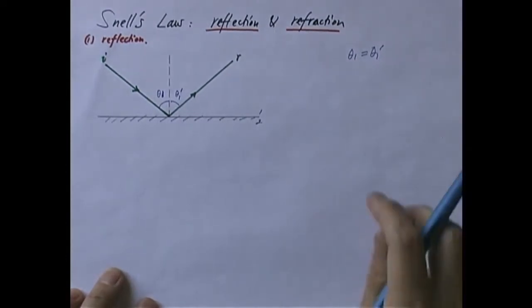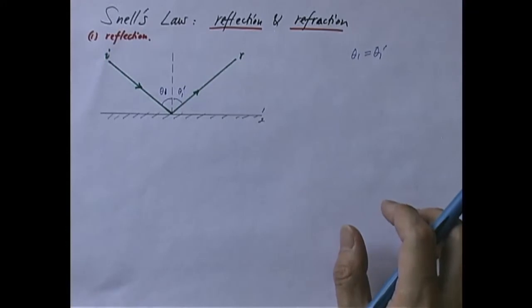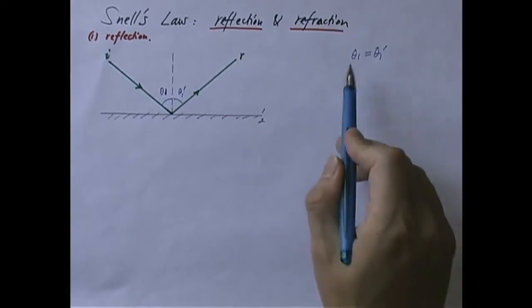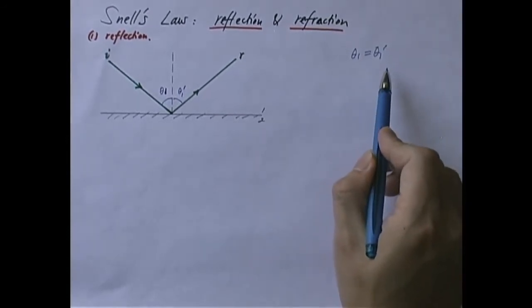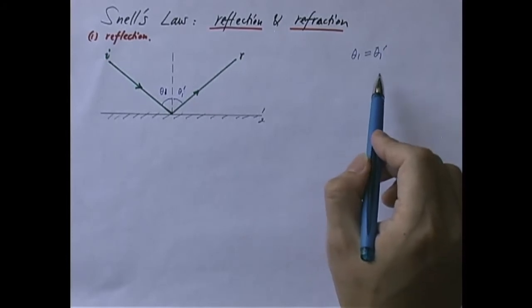But we now understand that light is a wave. Even though we don't care about the wavelengths in this particular context, we still know that light is a wave. Is it possible for us to understand this relation, theta 1 equals theta 1 prime, using the wave nature of light?